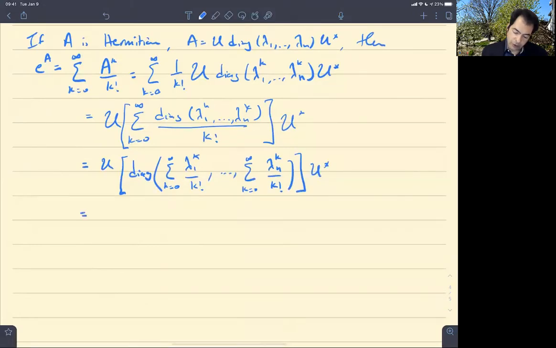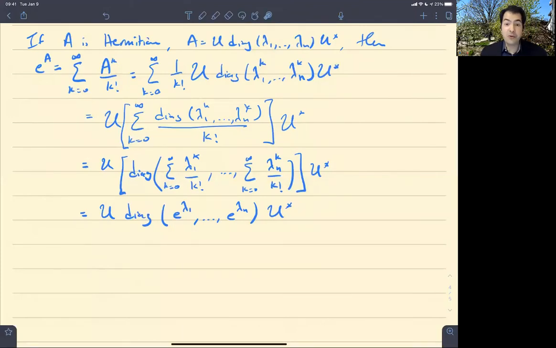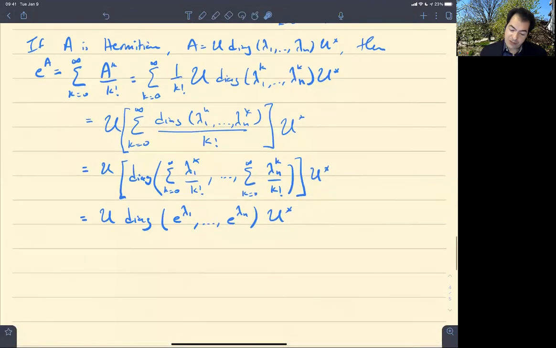And of course, you see where I'm going with this. This is equal to U times the diagonal matrix where I put e to the lambda 1 in the first entry, and so on, e to the lambda n in the last entry, and then U star. So you can compute the exponential of a matrix. If your matrix is given as U diagonal U star, then all you do is keep the U and the U star, and in the diagonal matrix, you replace each eigenvalue with its exponential.